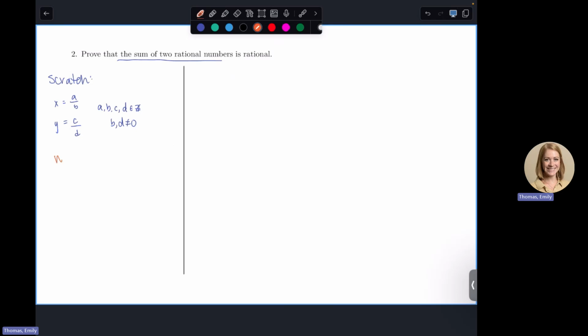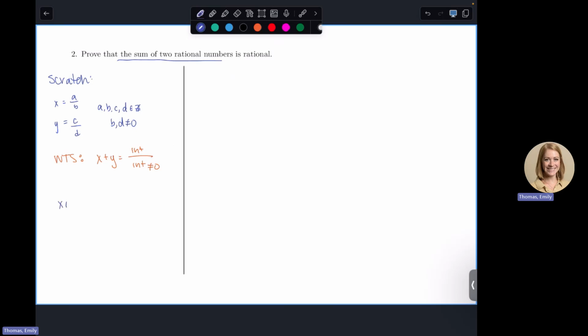And what do we want to show? Yeah. So to make it fit the definition, we want to show that when we add these two rational ones that are given by their definition, then we get another rational thing. So we get another integer over an integer where the bottom one is not 0. Does that make sense? Okay.